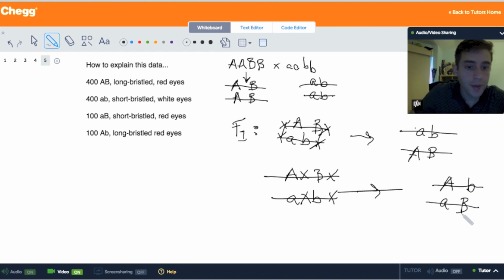But this only happens a small amount of the time because A and B are so close together that the probability of a crossover event taking place between the genes is relatively small. It also tells us something about the relative distance between those genes. A higher recombination frequency between those genes means that they're further apart. A smaller recombination frequency means that they're closer together, and we don't have many crossover events taking place between those genes.